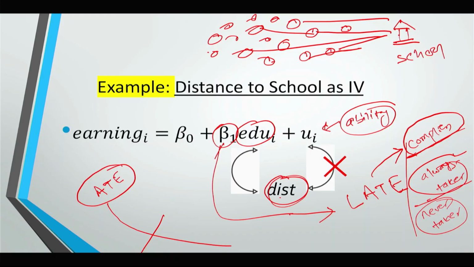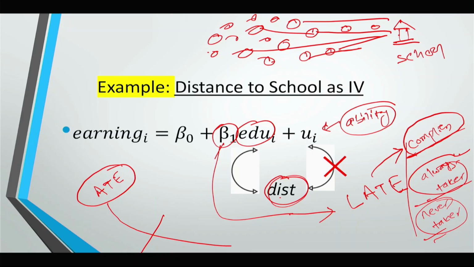That is an always-taker. It doesn't matter whether he is close or far, he will definitely have more years of education. But how about one who is very close to the school but has no education, for example? It doesn't matter whether he or she is close to or far from school, he won't have any education, meaning he is a never-taker.